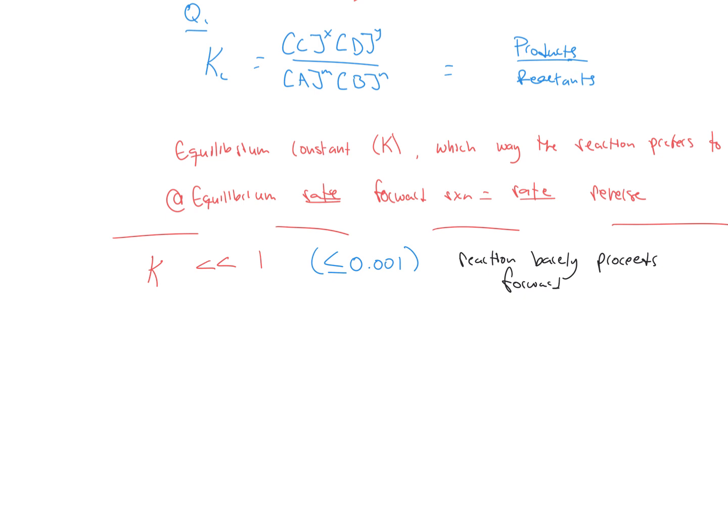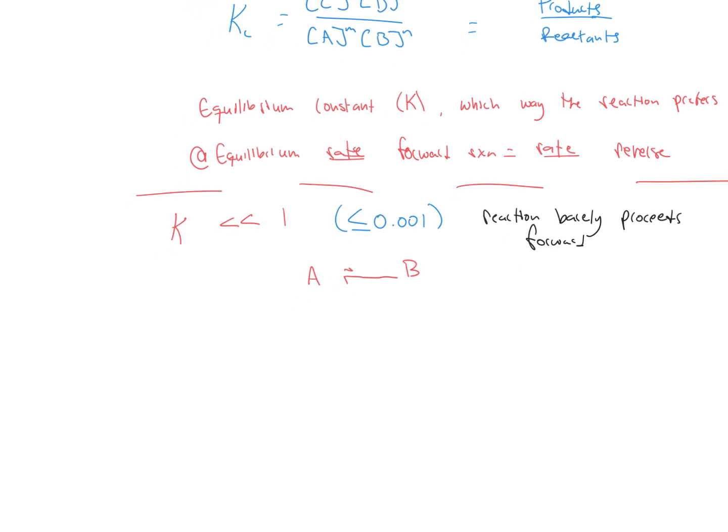In other words, let's say I have A in equilibrium with B, or a reaction of A going to B. What that's basically saying is this arrow going forward is very small, but this arrow going backwards is very big. The reaction basically doesn't happen if K is much, much less than 1.